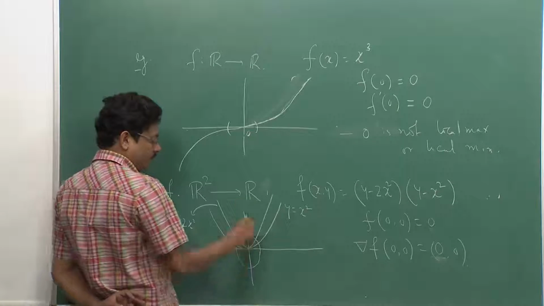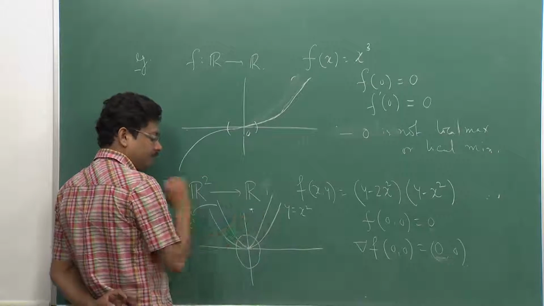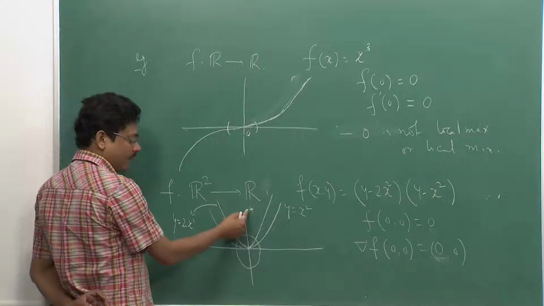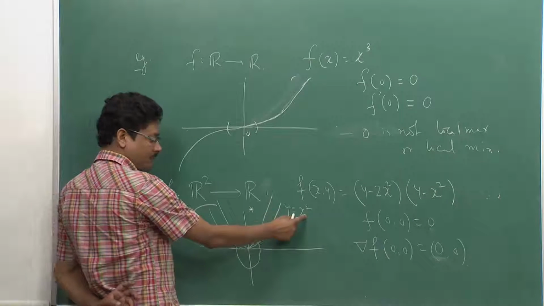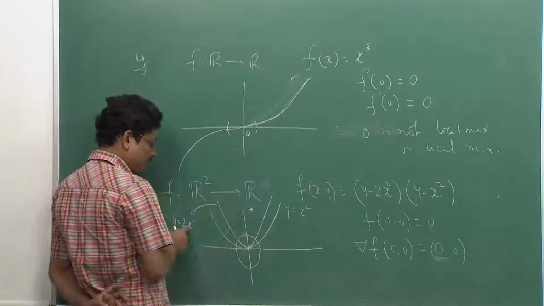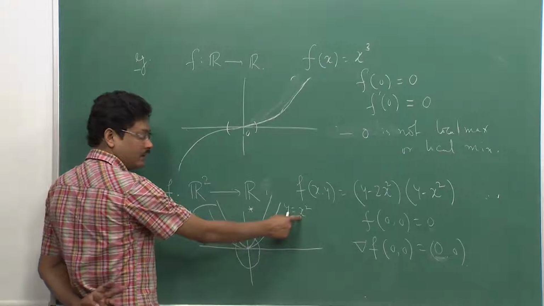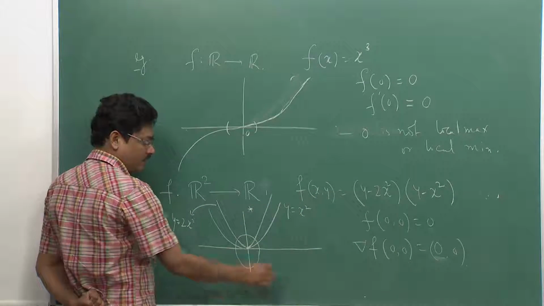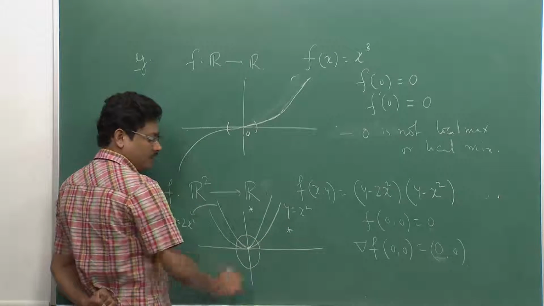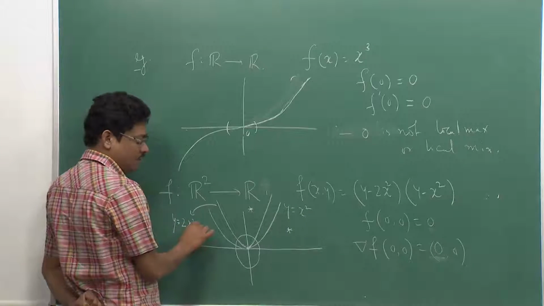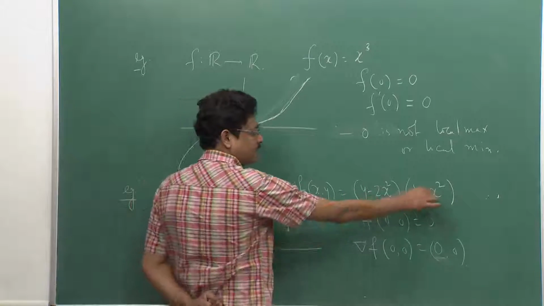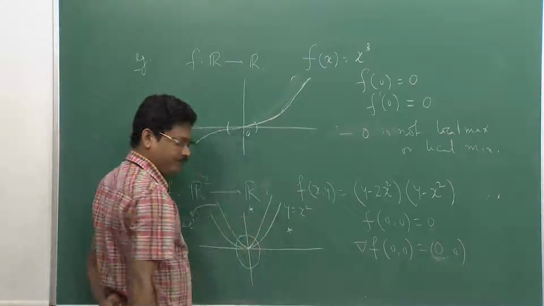You see, if x and y comes from here, this is above the parabola y equal to x square, so automatically above this parabola. So, y is bigger than 2x square, y is bigger than x square, so f is positive. Here it is below y minus x square, so it is automatically below y minus 2x square. So, this is negative times negative, so f is positive.